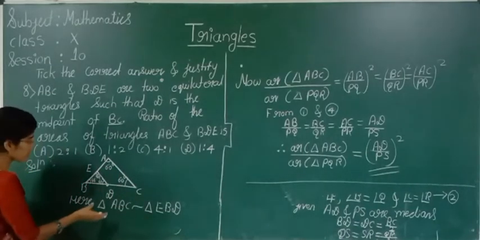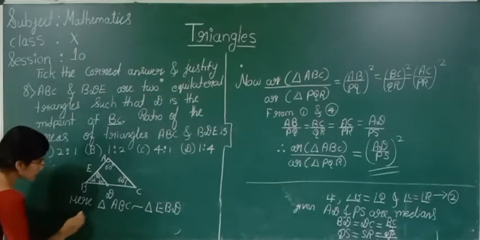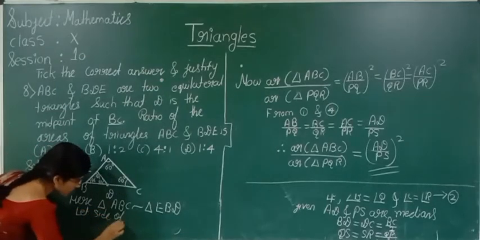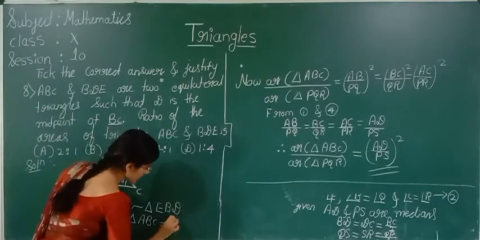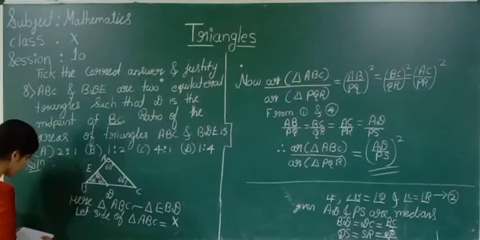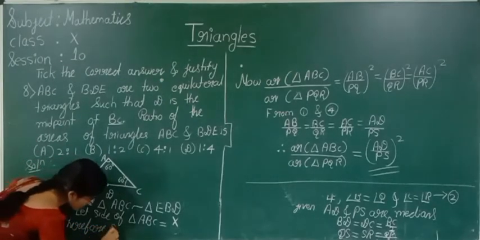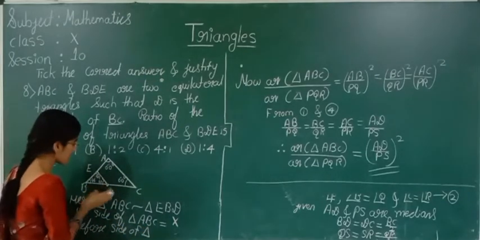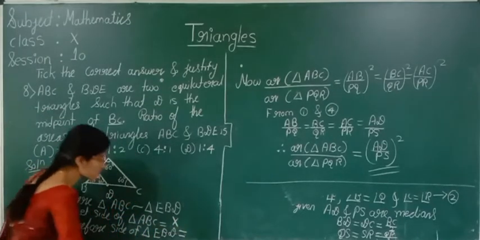Now see, if these two triangles are similar, what we can tell here is that, let the side of triangle ABC be X. Therefore, what can we tell of the side of triangle EBD?